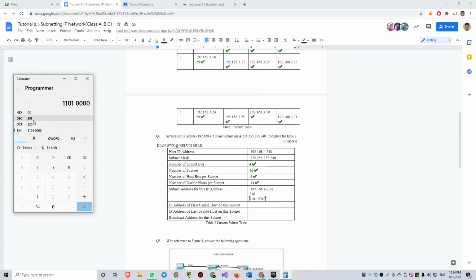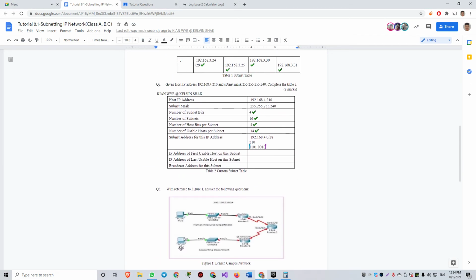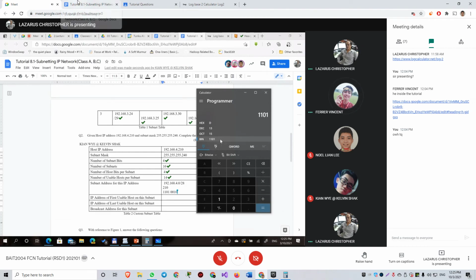So let's give us subnet number 13, right? Subnet number 13. What is the subnet address? So, as usual, magic number. What is a magic number? You borrow 4 bits.